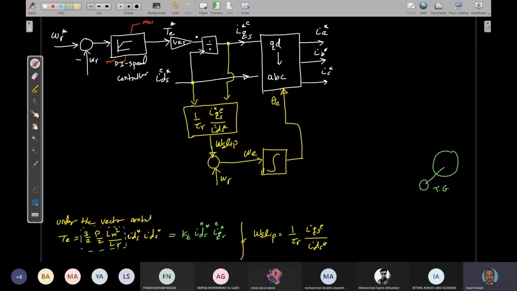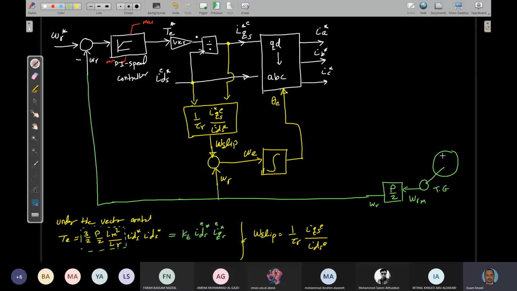Remember, this gives me an indication of the mechanical speed, so I will multiply it by P over 2 in order to convert to electrical. So this will be theta Rm, and this will be theta R. This will be a link here, and this will be a link here.